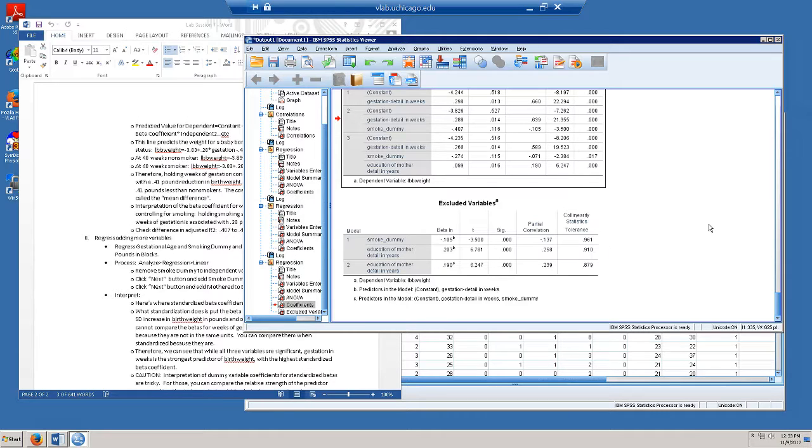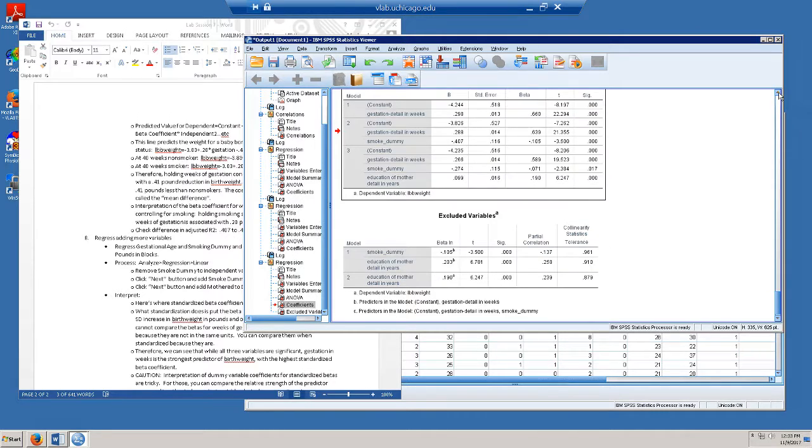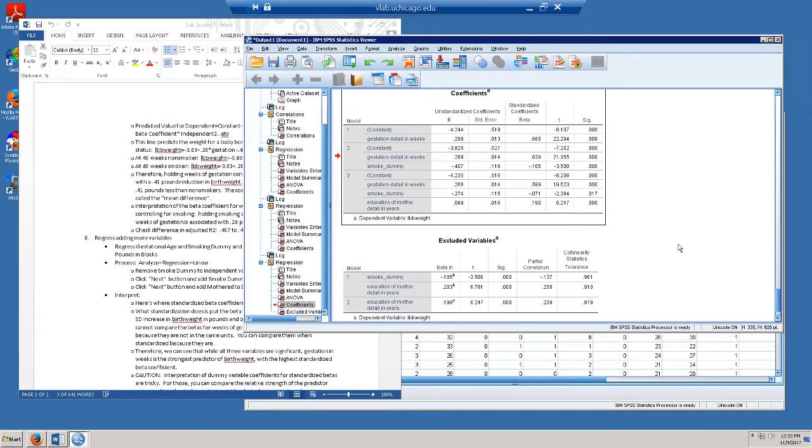Now, what does get tricky is interpreting these. What's good about standardized beta coefficients is that you can compare them against each other in the same units of standard deviations, whereas you can't really make much meaning out of the differences in the unstandardized betas because they're in different units.